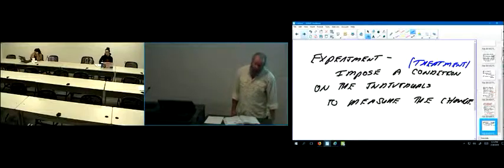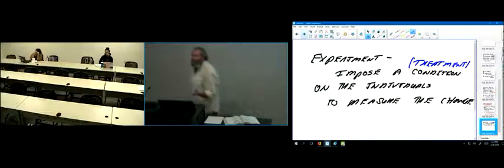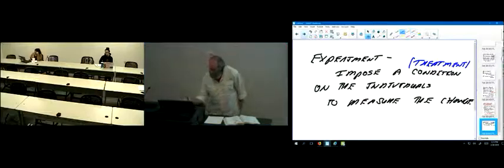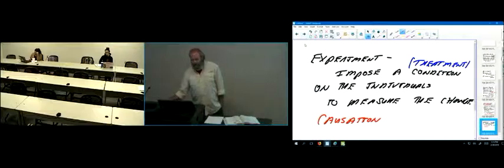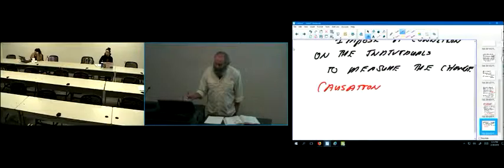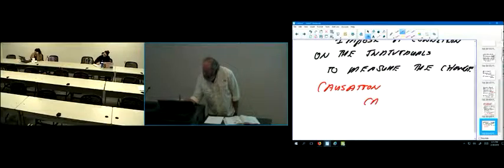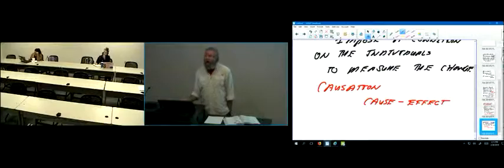Then an experiment, on the other hand, is just the complete opposite of this. It deliberately imposes some treatment on individuals to observe their response. We're going to measure the change. An experiment is all about causation. I'm going to keep throwing that word out there, and when you see me write that, I'm thinking cause and effect.